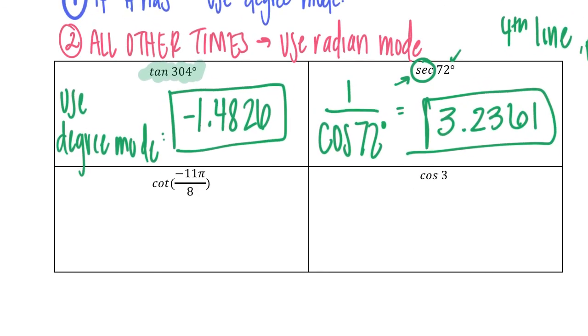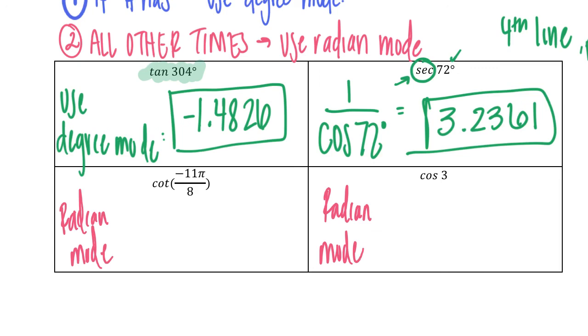You'll notice that both the problems in this bottom row don't have a degree. The negative 11 pi over 8 has a pi, so that makes it pretty obvious that it's in radians. But this one to the right, cosine of 3, doesn't even have a pi or anything. Because it doesn't have a degree, both of these are in radian mode. So you'll need to go back to your mode screen, go down to the 4th line, change it into radians, and now cotangent.